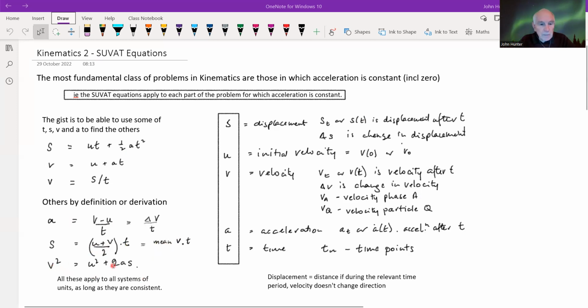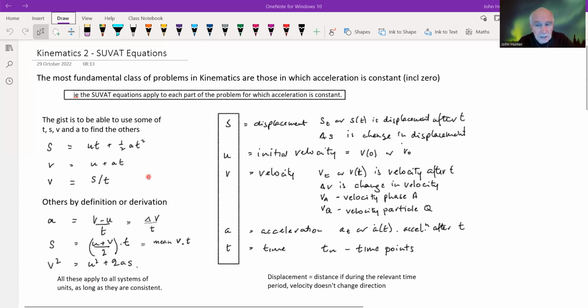This last one is a bit of a mashup between these two. If we eliminate t from these equations, as if they were simultaneous equations, then we'd end up with this one. A couple of things I might say. First of all, these apply whatever system of units we're using.